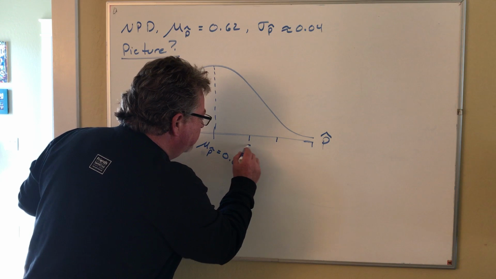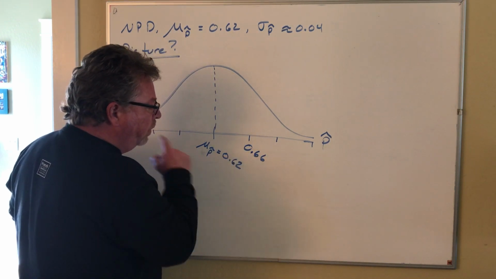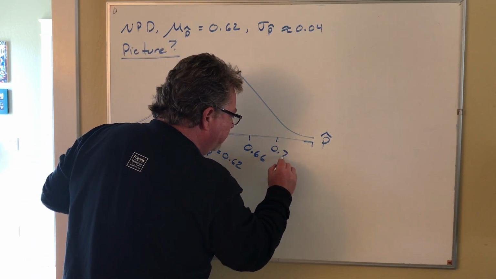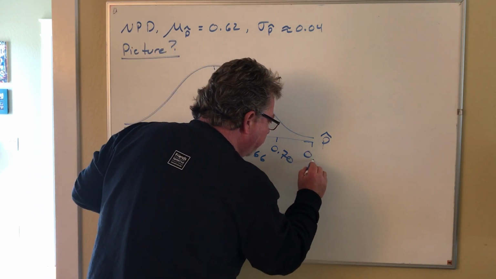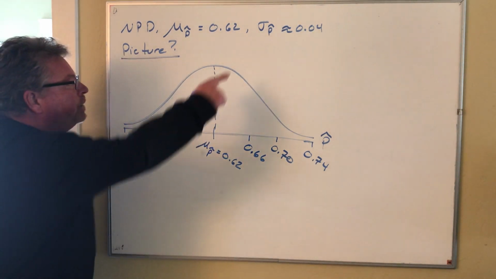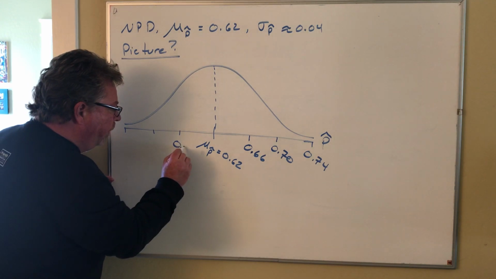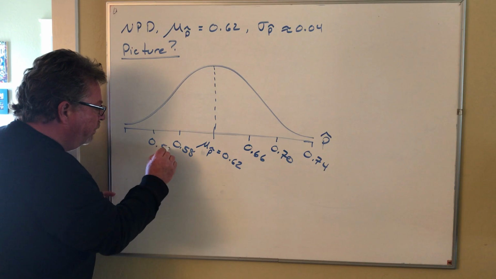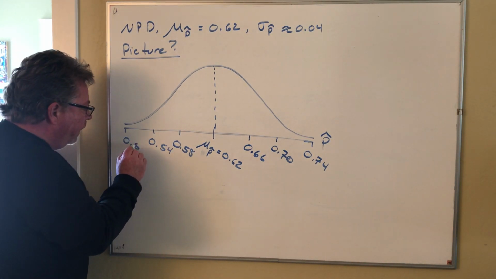So this is going to be at 0.66, adding 0.04 to that. This is going to be at 0.70, adding 0.04 to that. And this is going to be at 0.74. Subtracting increments of 0.04, this is going to be 0.58. This is going to be 0.54. And this is going to be 0.50.